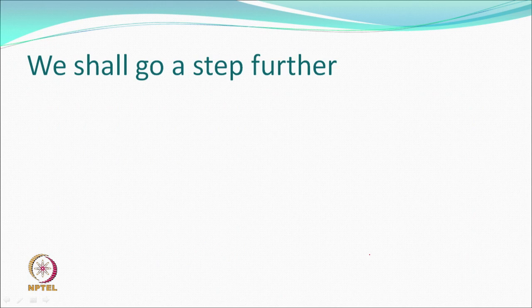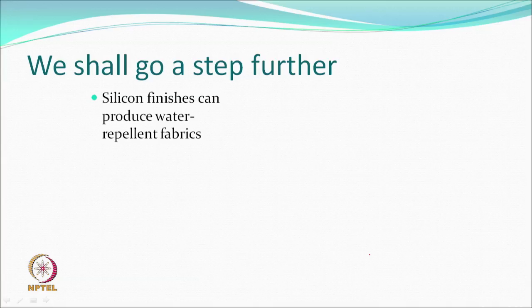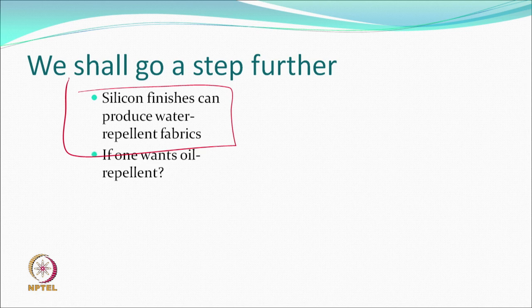So, we have to go a step further, okay. We have to go a step further, which means the surface energy of the textile has to be reduced further. This is what we mean: silicon finish could do whatever it could do, it can't do better than that.